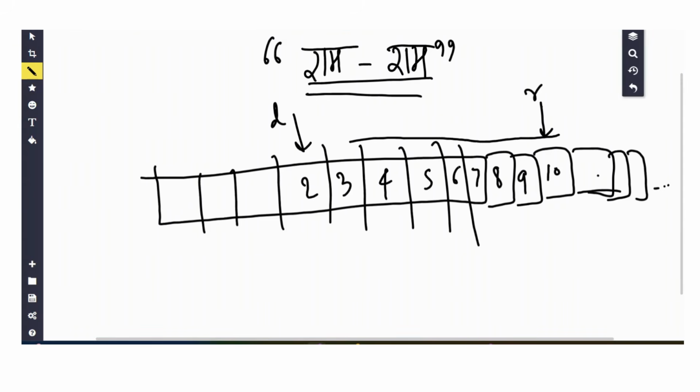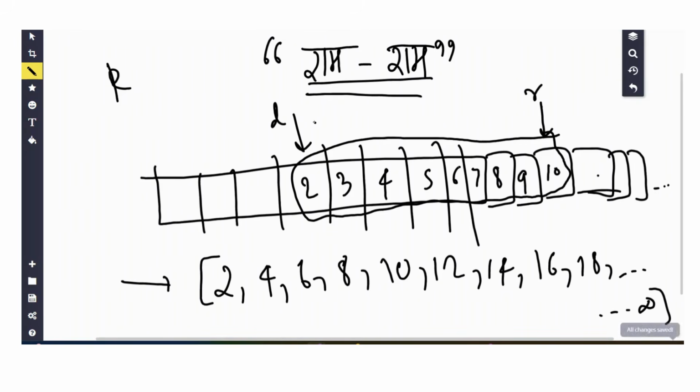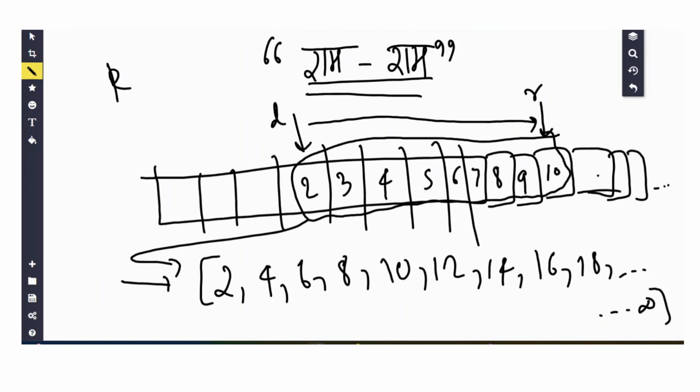The array has only distinct numbers. So let's say this is the range L to R. We will talk about K later on. They are saying consider an infinite sequence of positive even numbers 2, 4, 6, 8, 10, 12, 14, 16, 18 till infinity. Now travel from L to R and whichever numbers are existing in this even sequence, delete those numbers.